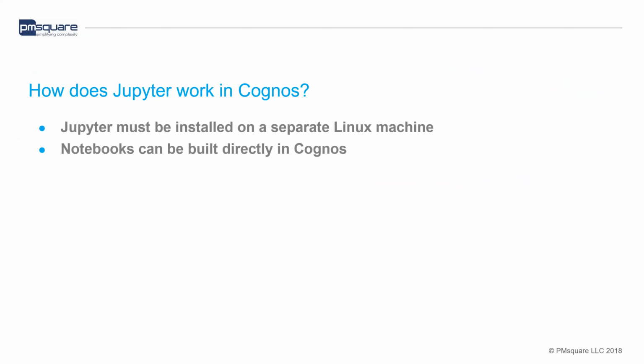What it allows you to do is build notebooks directly within the Cognos user interface. So this is not a separate UI or a separate URL that you go to build something and then pull it into Cognos somehow via a deployment. It's nothing like that. You can build the Jupyter Notebook from the ground up directly within Cognos itself.